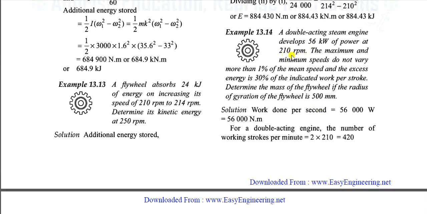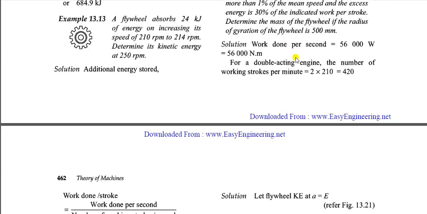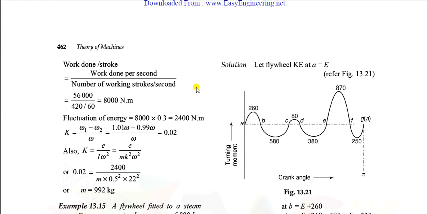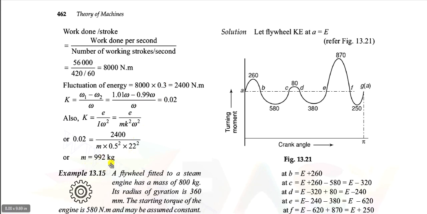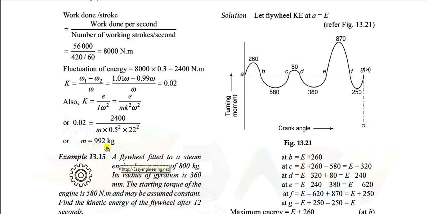This is for 210 rpm. From here you will get omega, this omega. Okay, 2 pi n by 60. So from there you will get mass 992 kg, mass of the flywheel.